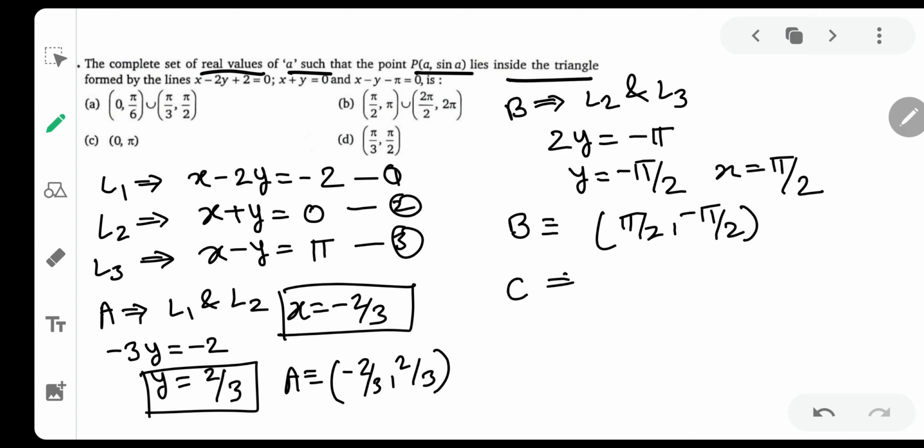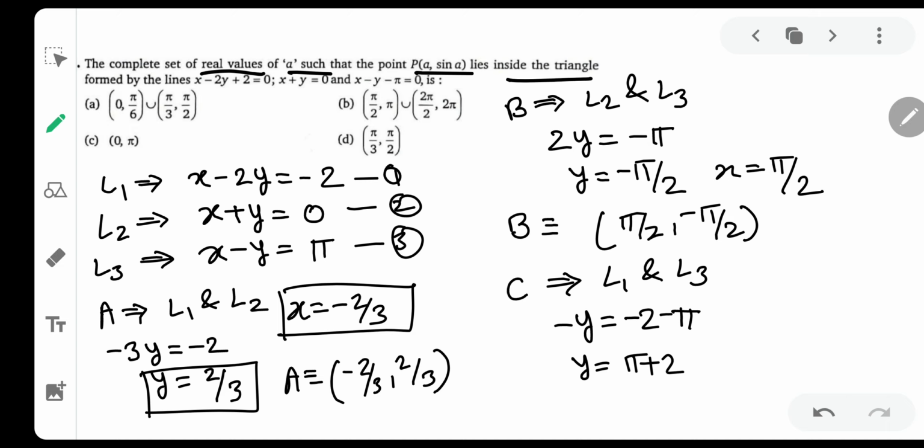Let me call C the point of intersection of L1 and L3. This seems a bit tricky. We subtract equation 1 and equation 3. We get minus 2y plus y, which is minus y, equal to minus 2 minus pi. This is the subtraction of 1 and 3. So y is equal to pi plus 2.